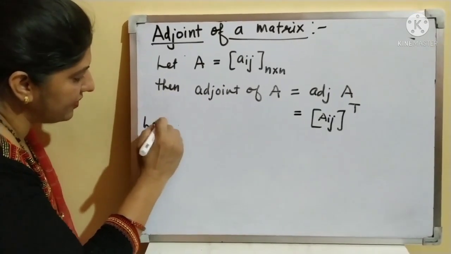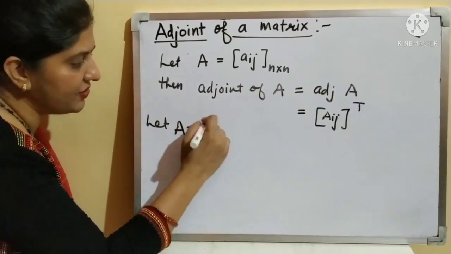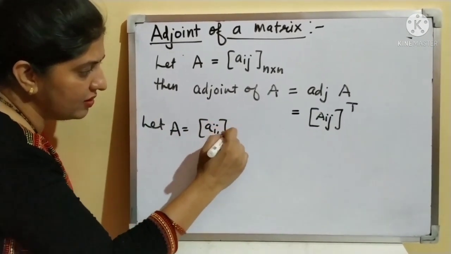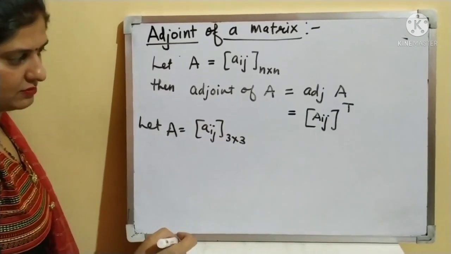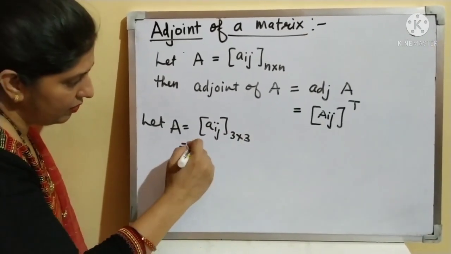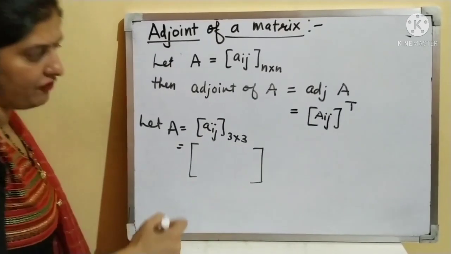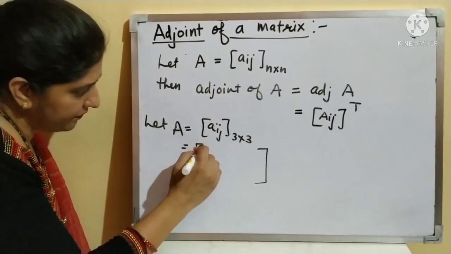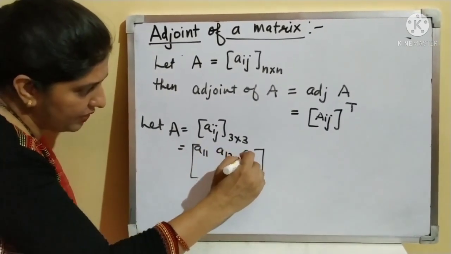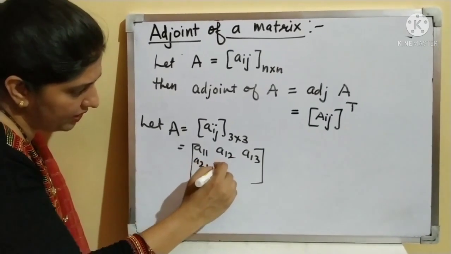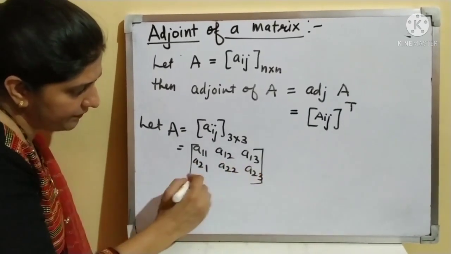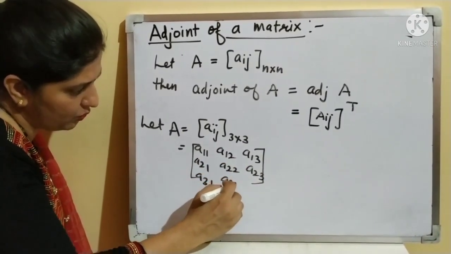See here, let A be any matrix of order 3 by 3. Now, in general form, you can write it a11, a12, a13, a21, a22, a23, a31, a32, a33.